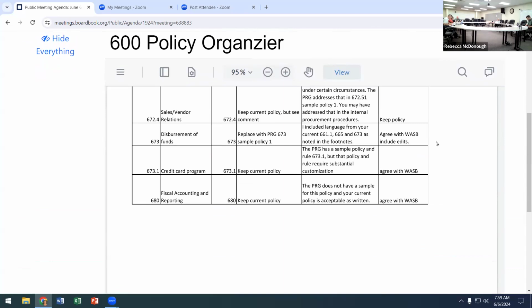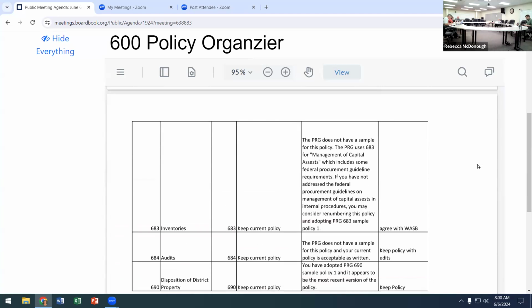And it's in the 680, too. So now, in the 680 fiscal accounting one, it's there. In the third paragraph, the first sentence, superintendent and or business manager. Yep. Got it. All right.